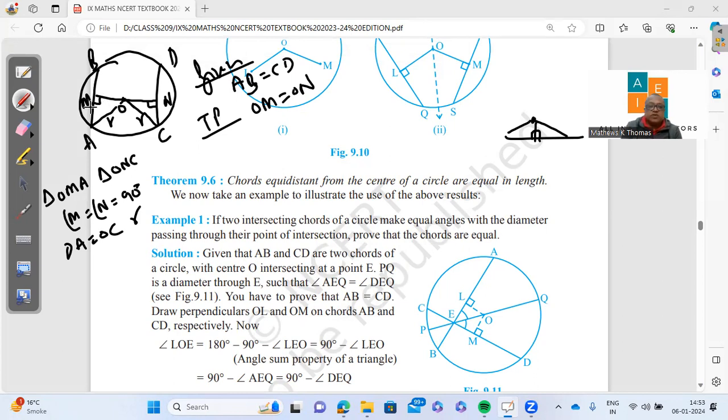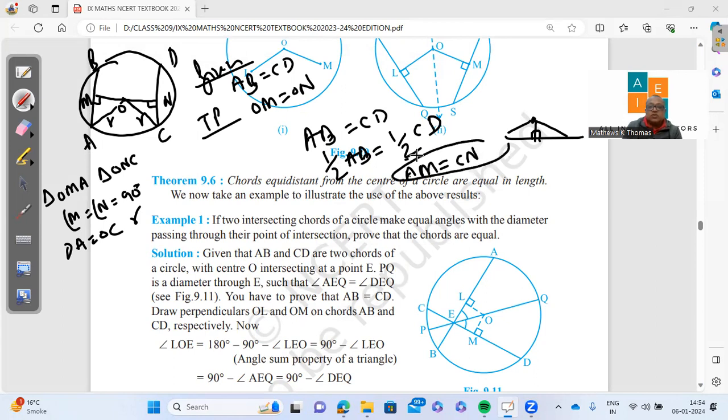The previous theorem that we did, perpendicular bisects the chord. So I know that if chords are equal, their half will also be equal. In Euclid's axioms, we did that if two things are equal, their halves will also be equal. So half AB equal to half CD. So half AB can be replaced with AM and half CD can be replaced with CN.